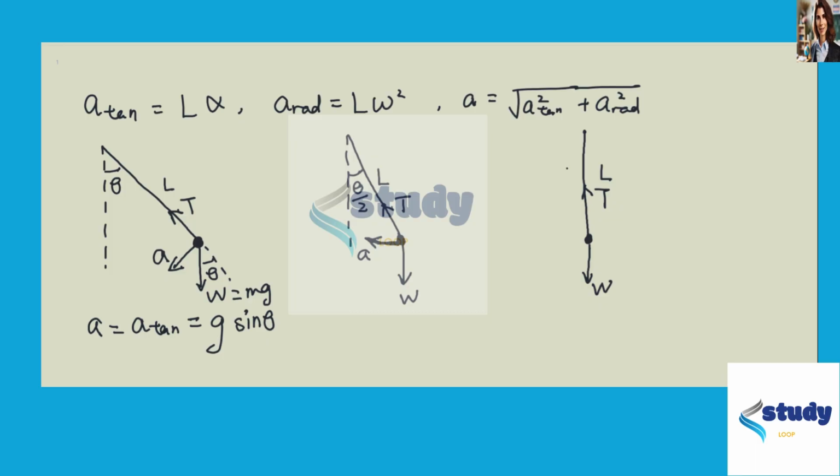So the tangential acceleration is g sine 0, and that is just 0, right? So only radial acceleration is left. So the total acceleration is going to be a radial acceleration in this situation.